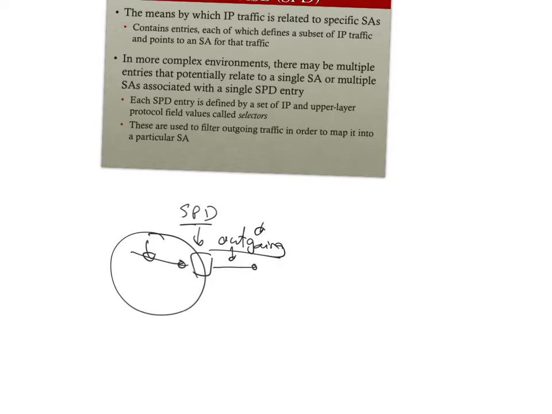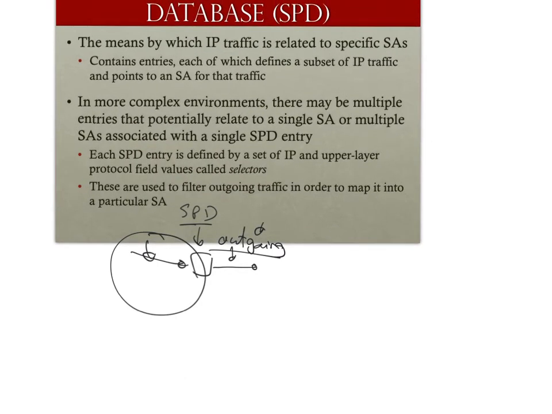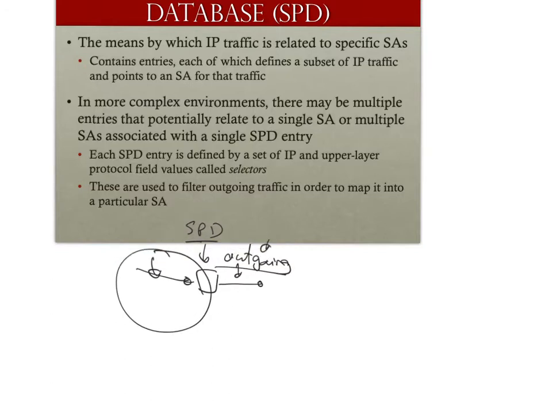So the security policy database is the means by which the IP traffic is related to a specific security association. In the security policy database, we store the mapping, and from the mapping we get the SPI for the security association that we need to use for that particular traffic.